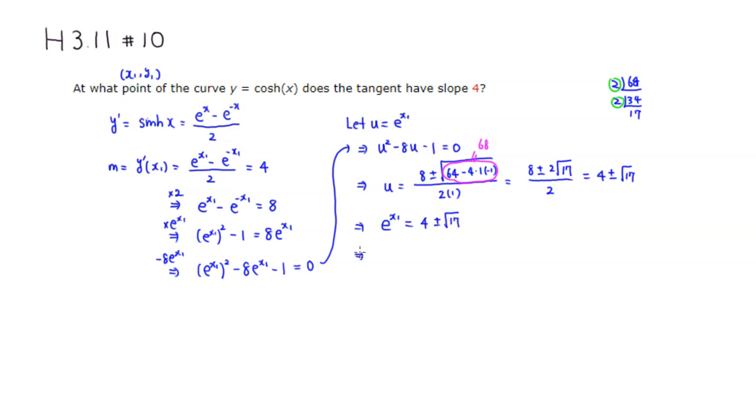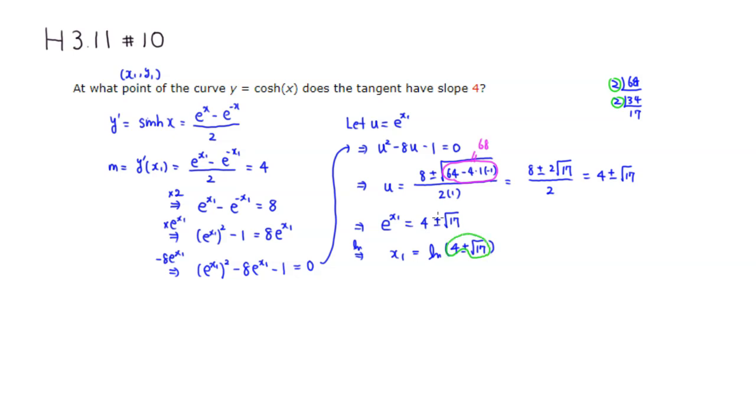Then we can just take the natural log of both sides. The natural log of e to the x1 is going to be x1, which is equal to the natural log of 4 plus or minus square root of 17. But 4 minus square root of 17 is negative. We cannot plug a negative value into a log, so we're just going to pick the positive one.